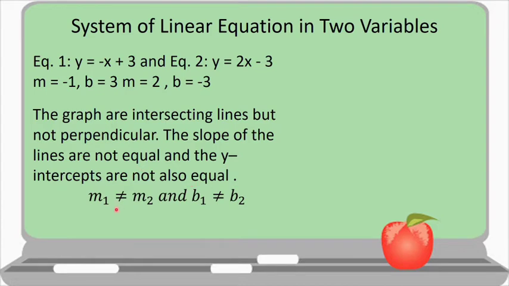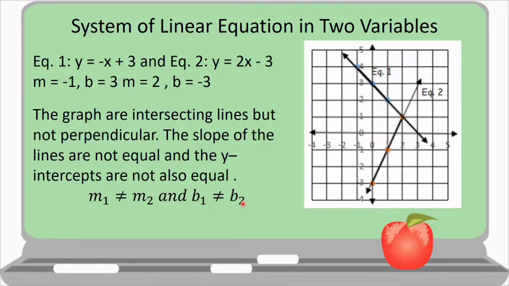In simple terms, m sub 1 is not equal to m sub 2 and b sub 1 is not equal to b sub 2. If we graph these two equations, this will be the result. They are intersecting. So the system of linear equations in two variables for these given equations is intersecting lines.